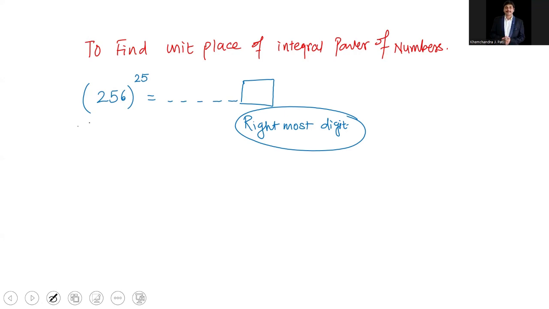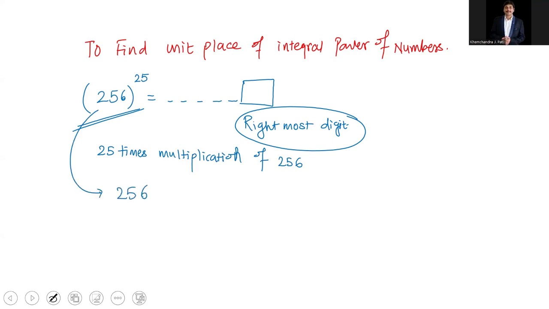Now, first of all, try to understand the meaning of this number. The meaning of this number is 25 times multiplication of 256. So if I want to write the expanded form, I will get 256 multiplied by 256 multiplied by 256 multiplied by 256.